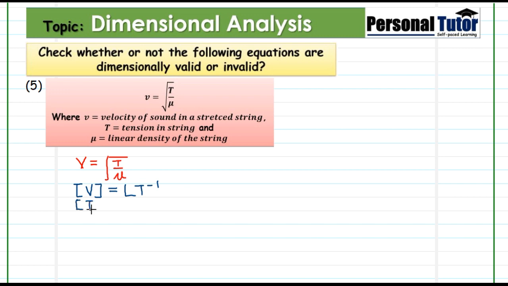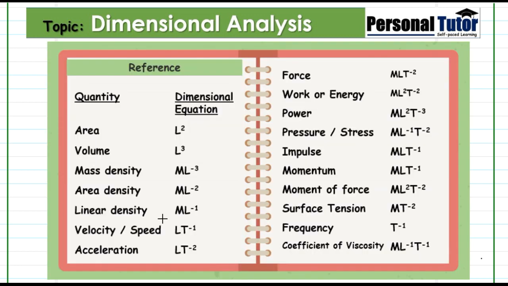The T is said to be a tension, and tension is a type of force. And the dimensional equation for force is M L T exponent minus 2. Then that of the linear density, also called mass per unit length, can be said to be M L exponent negative 1 from our reference.